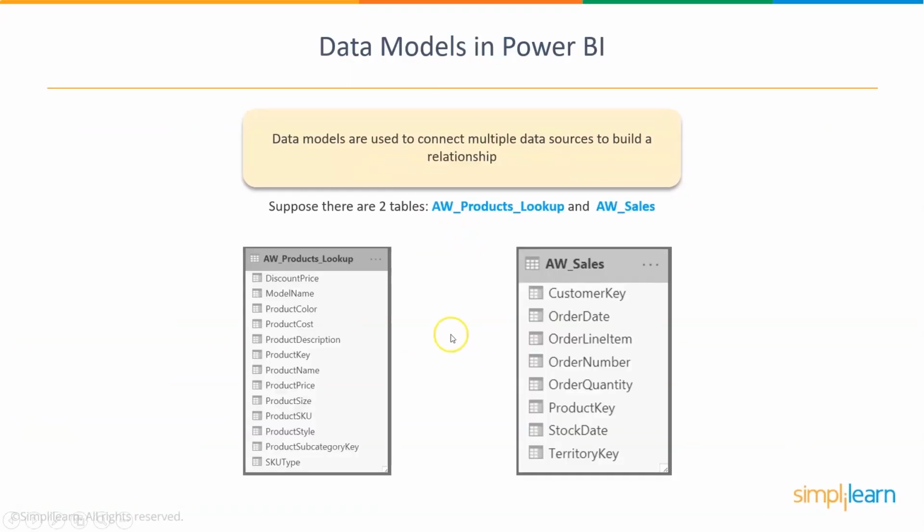So for example, if you have two tables, let's look at the standard tables. So you have a products lookup table, and you also have the sales table. Now, usually what you have in any kind of scenario is your data tables, so that's basically where your data resides, and then you have a series of lookup tables.